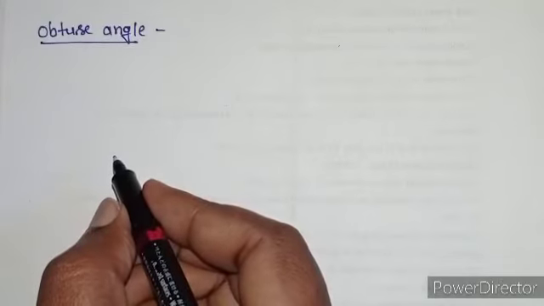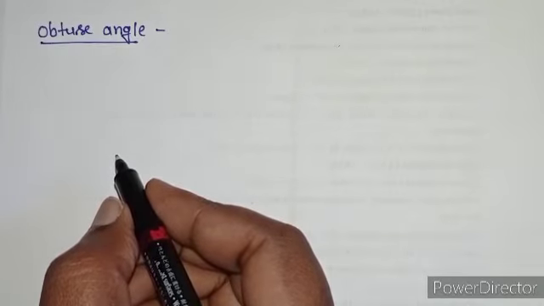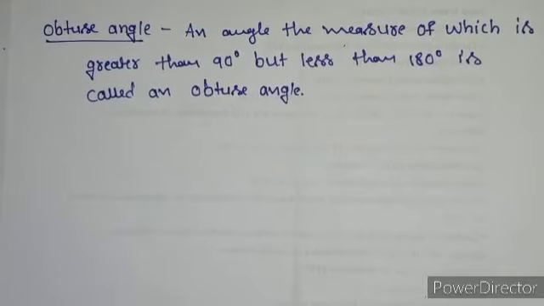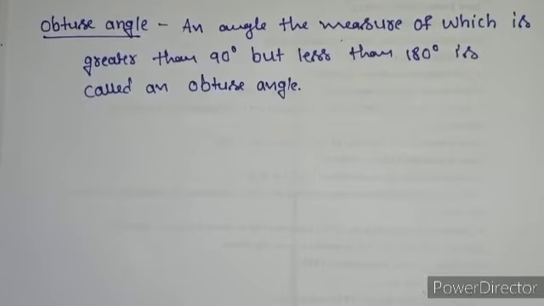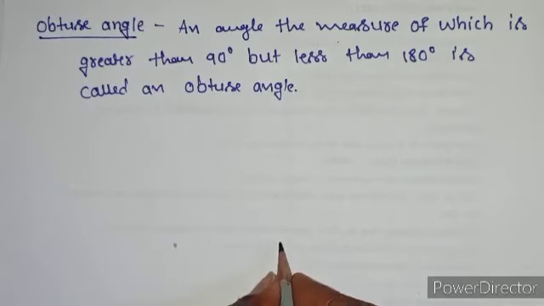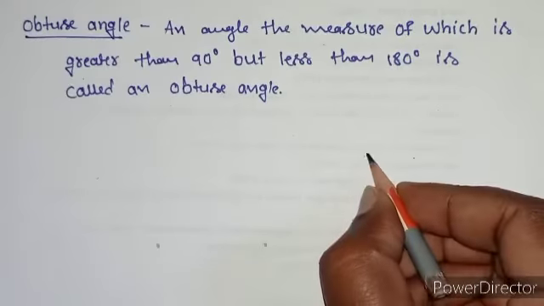The next type of angle is the obtuse angle. An angle whose measure is greater than 90 degree but less than 180 degree is called an obtuse angle. Students, all of you see here, I am going to draw points here and here.